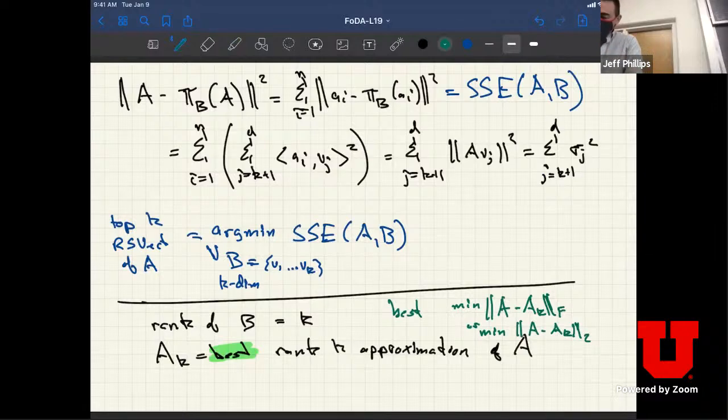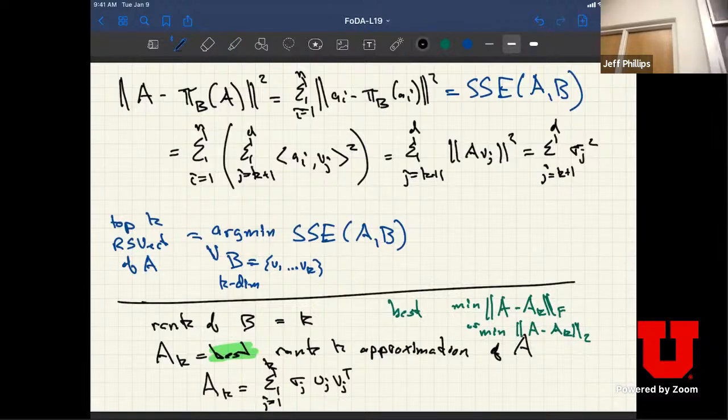And this matrix, A sub K, one way you can write this is the sum from j equals 1 up to K of sigma j uj vj transpose.